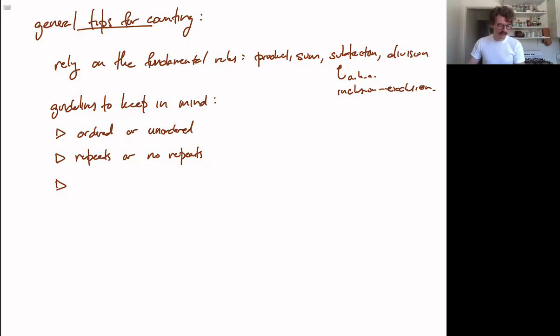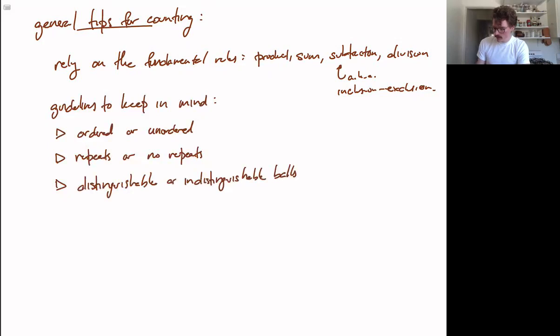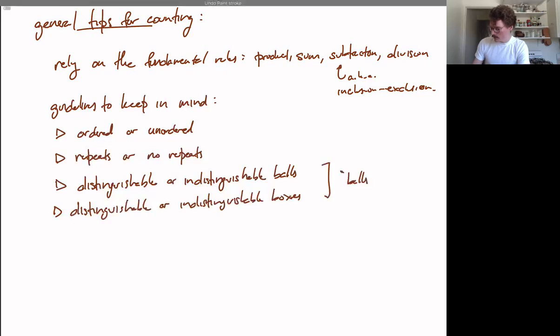I'll give examples of what that means, but for now I want to say that the main things you care about for these problems are distinguishable or indistinguishable balls, and distinguishable or indistinguishable boxes. So this is when you're thinking of it as a balls in boxes type problem.